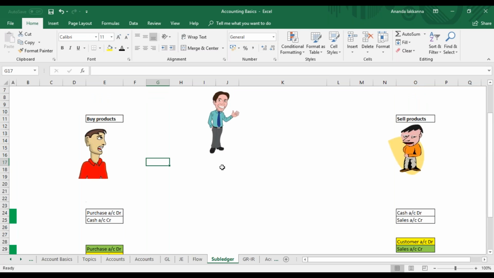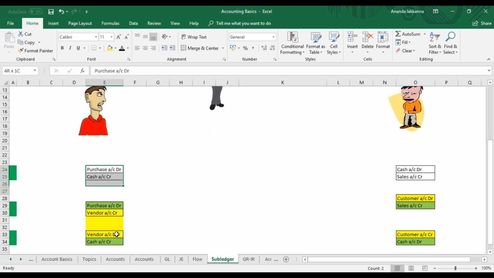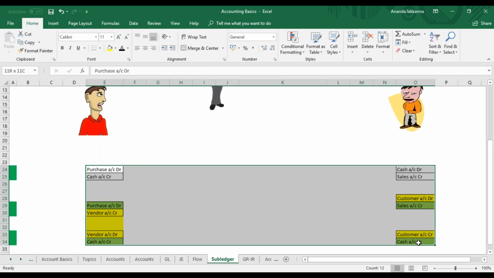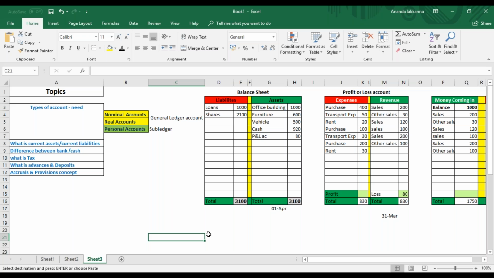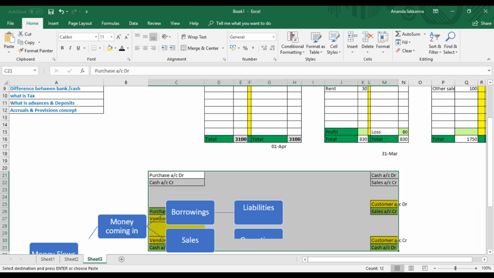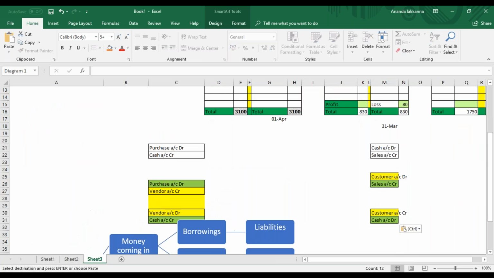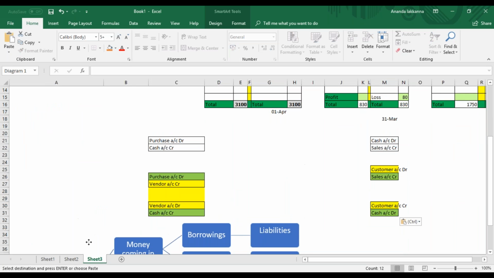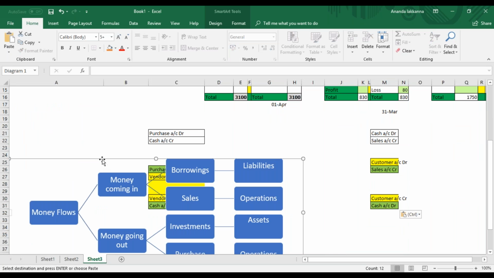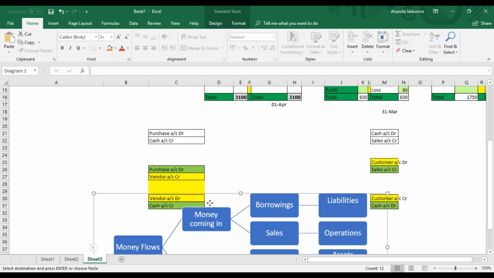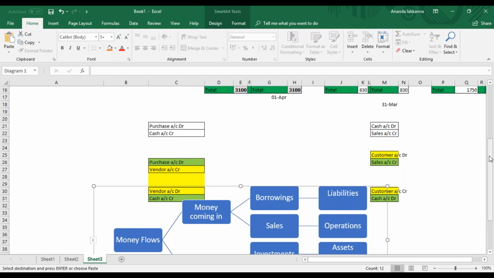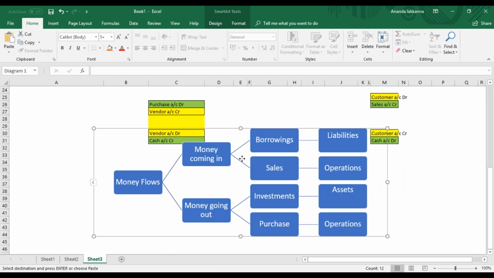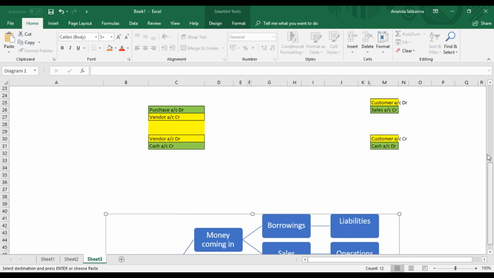See here. This is the entries which I said. I'll copy it for the time being and keep it here.